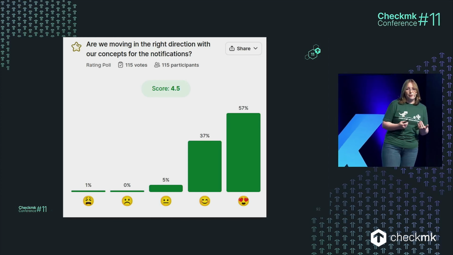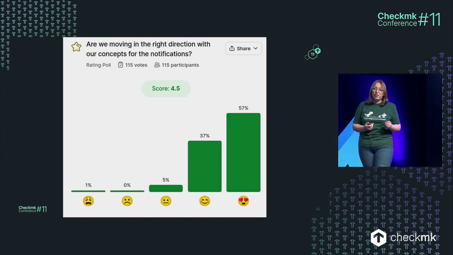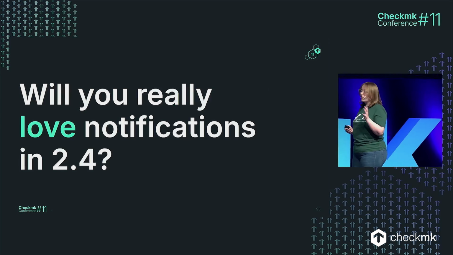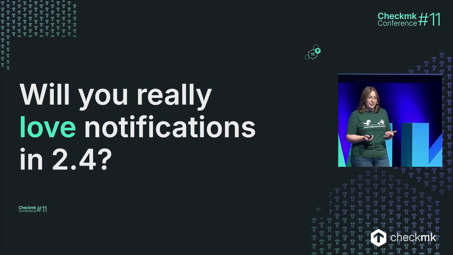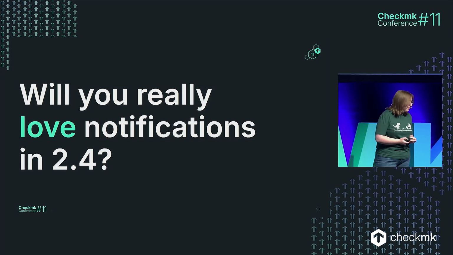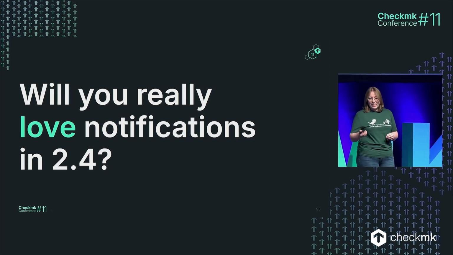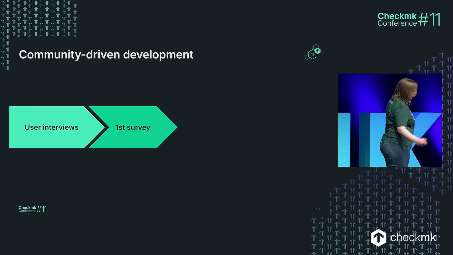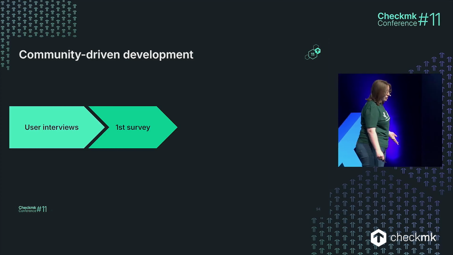Because I certainly really wasn't confident that those first concepts were good. On the contrary, before, during, and after the presentation, I was constantly asking myself, but will you really love notifications in 2.4? Will it be good enough? I really wasn't sold. So after the conference, we wanted to get some more confidence.